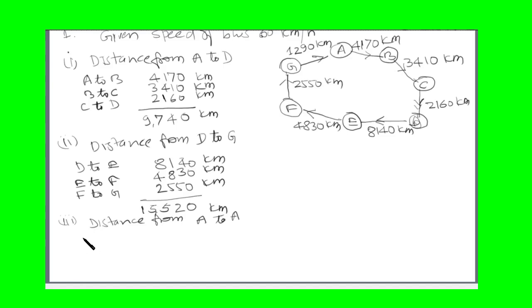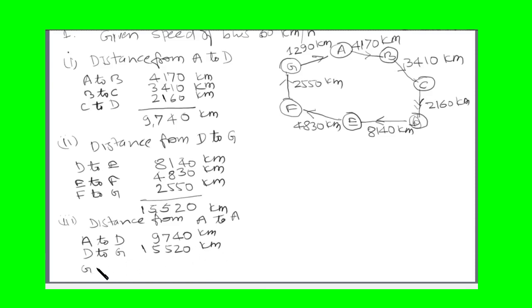A to D, from here we get the sum 9,740 kilometer. D to G, from here 15,520.